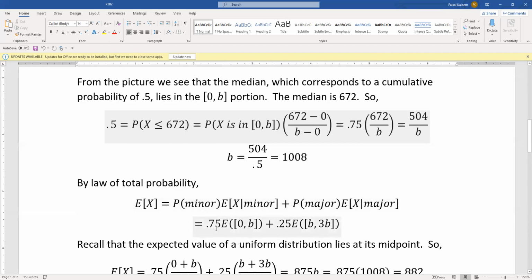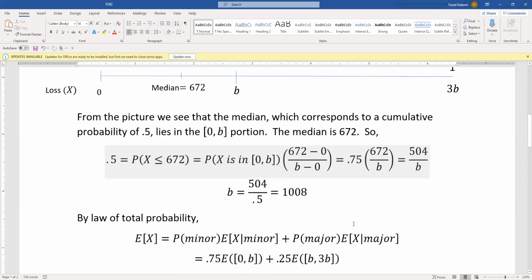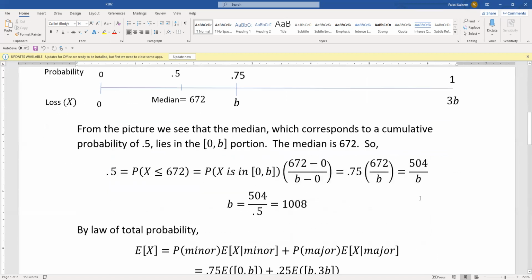The probability of a minor accident is given to be 0.75, and the expected value of x given a minor accident is the expected value for the uniform 0 to B interval. The major accident probability would be 0.25, since minor is 0.75 and the remainder is major. For a major accident, we are between B and 3B.